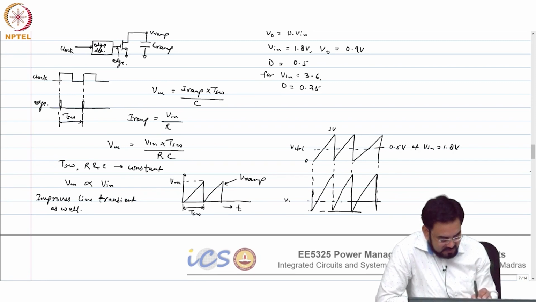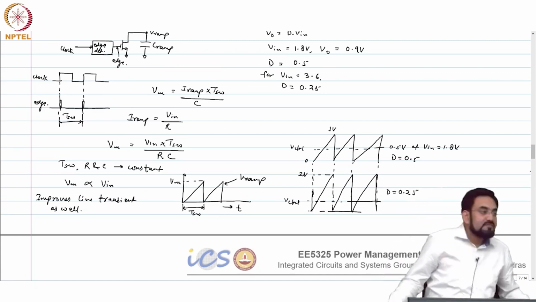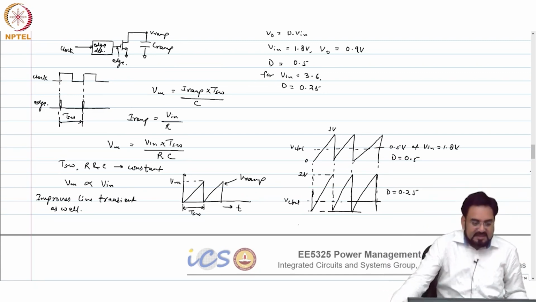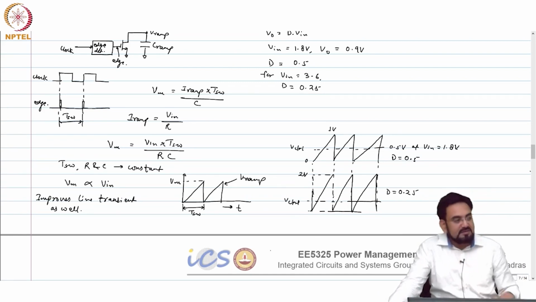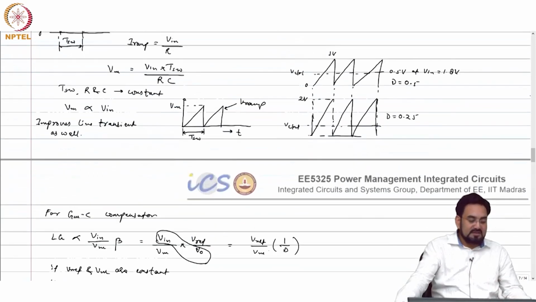So this is your VCTRL, and this is 2 volt. D equal to 0.5 here, D equal to 0.25. That's what happens, which means any sudden change in line will not change your output voltage. So your line transient will be good here.